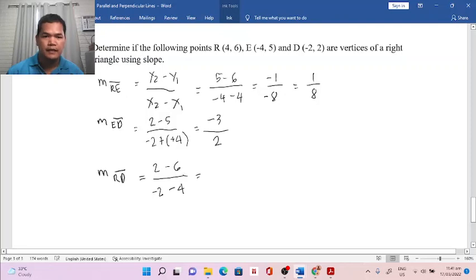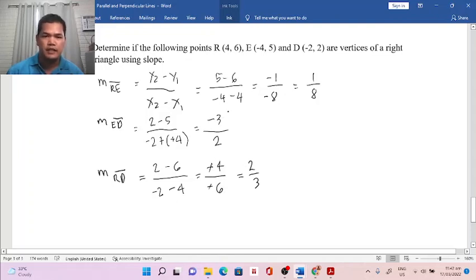So we will have -4 over -6, which is divisible by 2, so we have 2/3.